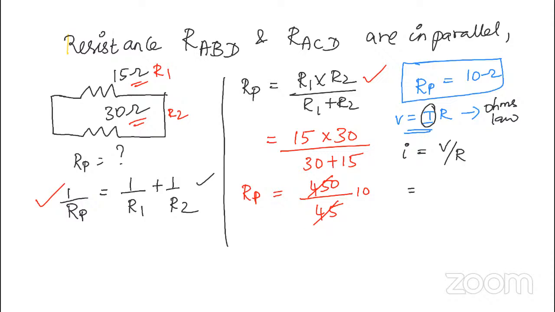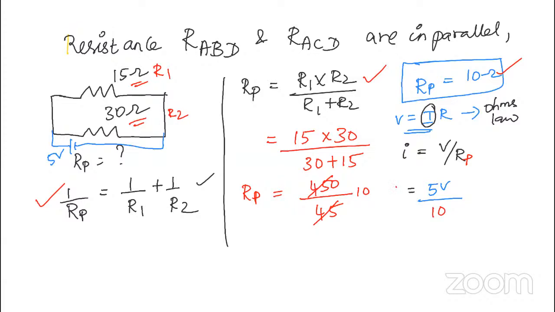So what is the value of V in that problem? They have given 5 volt, no? That is 5 volt. Okay. So 5 volt divided by, what is the value of R? The value we found is the RP value. It is 10.